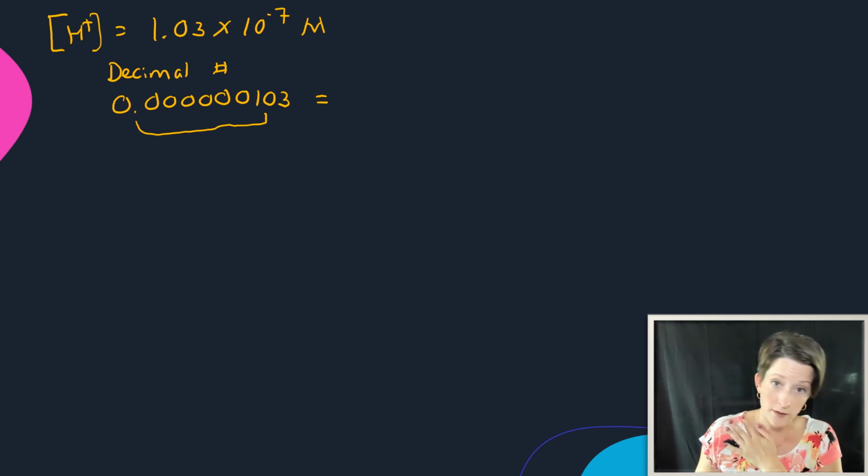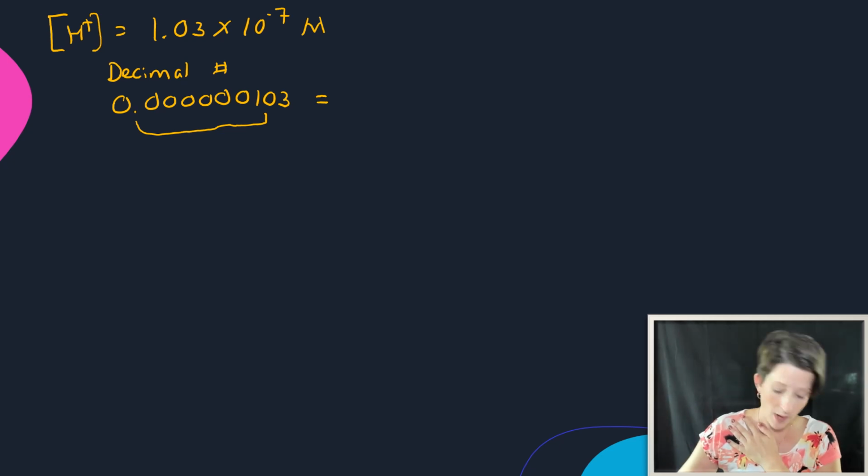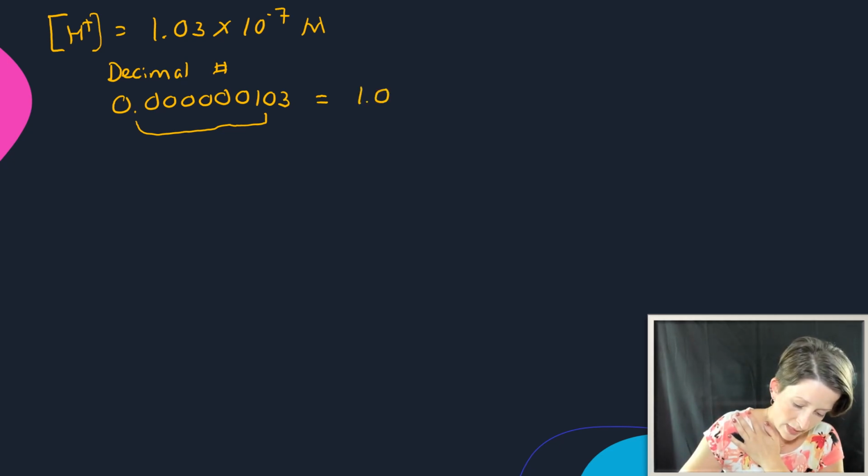When we start to convert this, remember the mantissa shows us the significant digits within this number. The first sig fig needs to occupy the ones place, and any subsequent significant digit will occupy the decimal spots. So we know we have 1.03 as the mantissa.